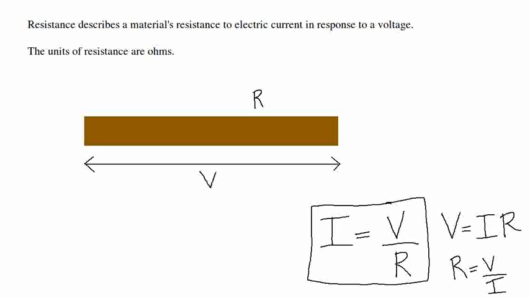Now, think about a light bulb. If you look inside the container, there's a little wire, and that wire has a high resistance. Why does that generate light?